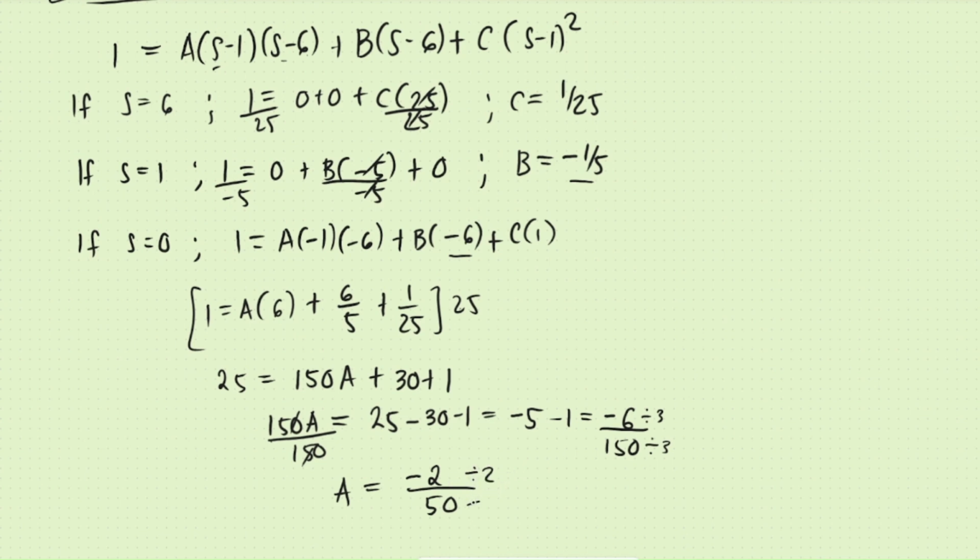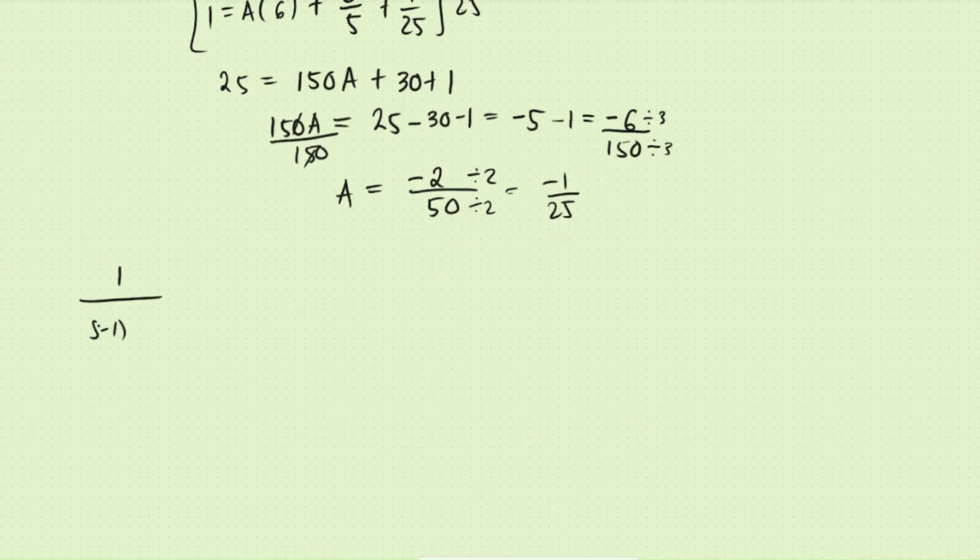Divide by 2, divide by 2, that's negative 1 over 25. So our a now is negative 1 over 25. 1 over s minus 1 squared times s minus 6 is equal to a, which is negative 1 over 25, all over s minus 1, plus our b is, what is our b?